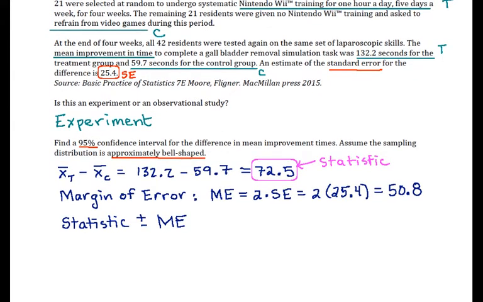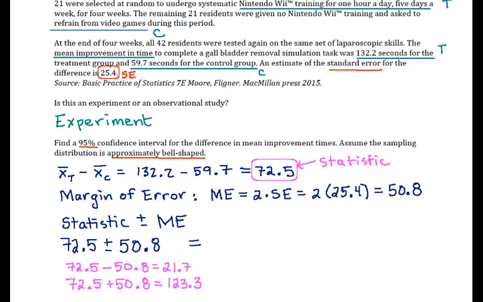So I'm going to set up for this computation by saying 72.5 plus or minus, like saying give or take, 50.8. I will subtract to get the lower bound, and I will add to get the upper bound. I'm going to put these together in parentheses, starting with my lower bound, 21.7, and going up to my upper bound, 123.3.